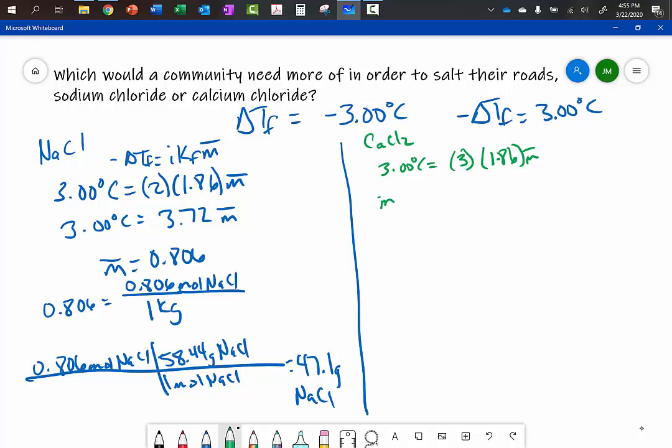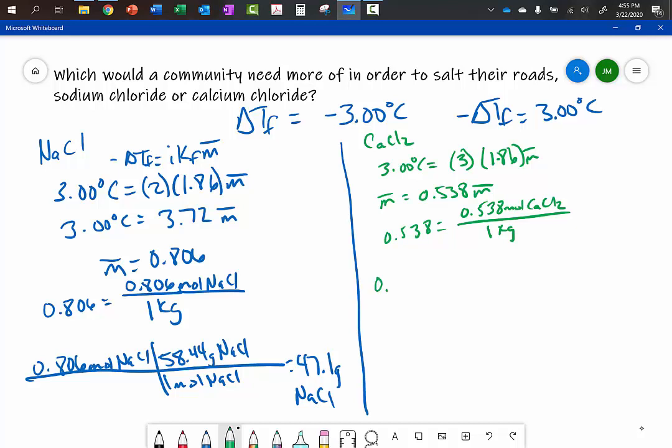So when I solve for molality, I'm going to see that I'm actually going to require a lower concentration here. So my molality is 0.538 moles for my calcium chloride. So what does this mean? This means that I need 0.538 moles of calcium chloride for every 1 kilogram of solvent in order to reduce my freezing point of the solution by 3 degrees Celsius.